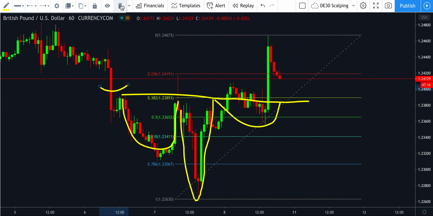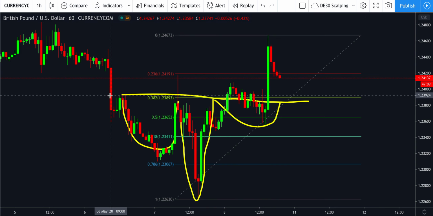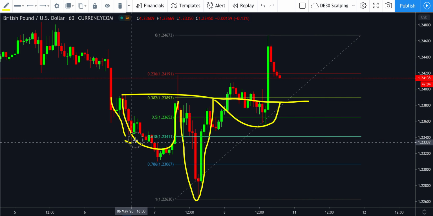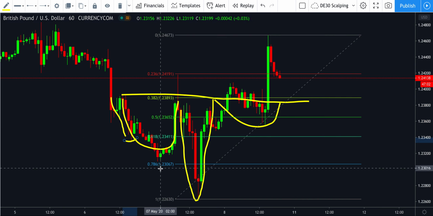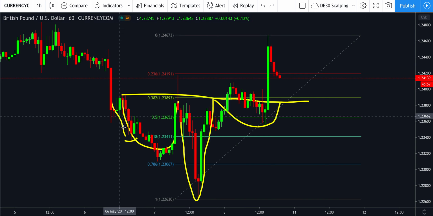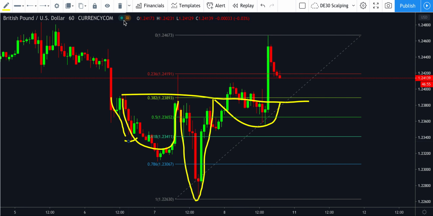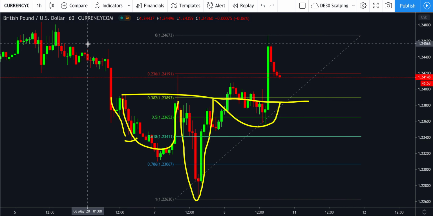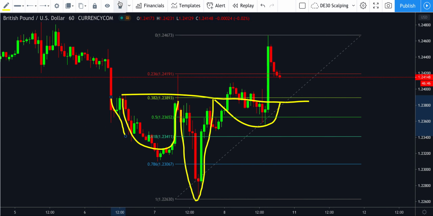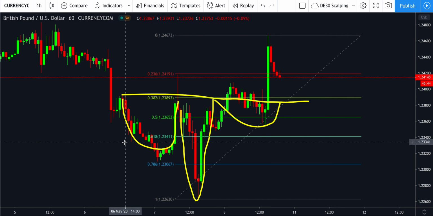I'm not saying that I would have suggested to buy, but you could buy here, but if your size is too big, then you are going to lose too much, and then would you be able to retry maybe here? I don't think so. And here also, would you be able to retry? Would you have enough capital and enough guts? Because if you are investing maybe a quarter or half of your account in each position, this is going to be mission impossible.